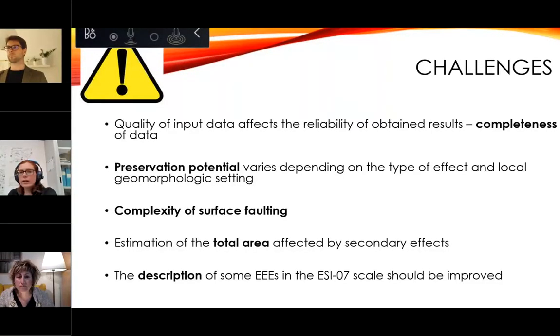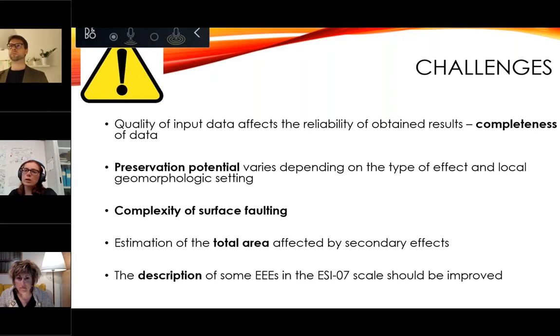It's fair to include also a slide on the challenges and the problems related to the analysis of natural effects. Well, the first point relates not only to natural effects, but to, I would say, every observational science, in the sense that the quality of input data heavily affects the reliability of the results.